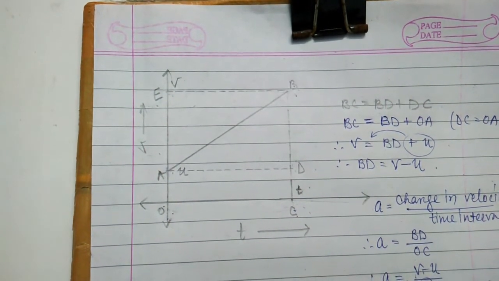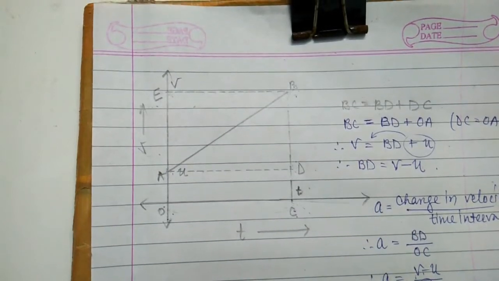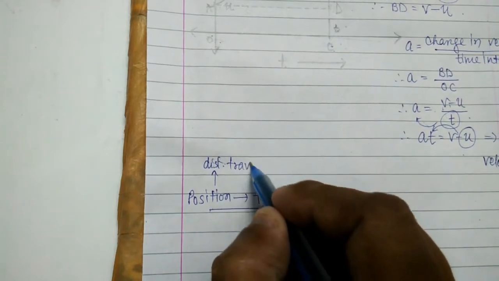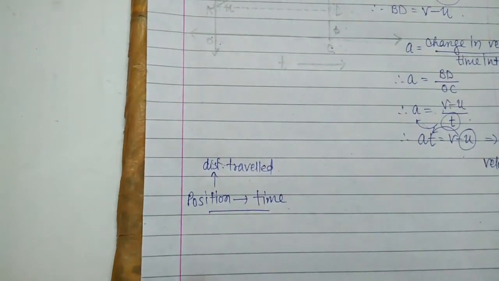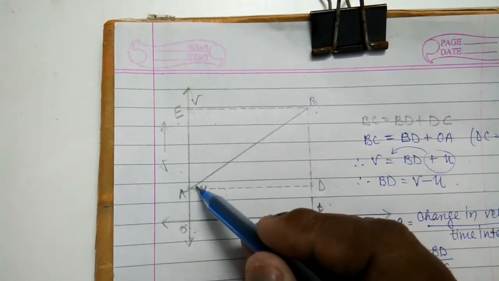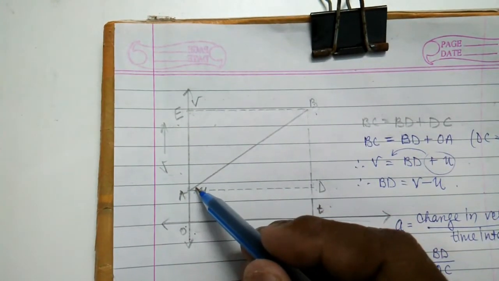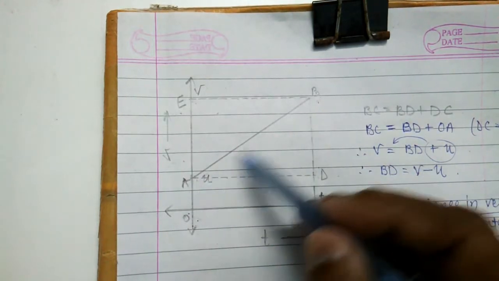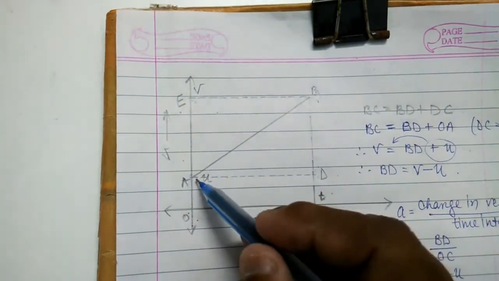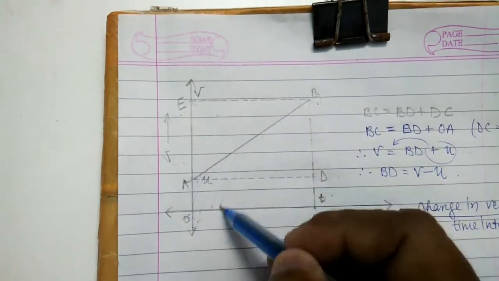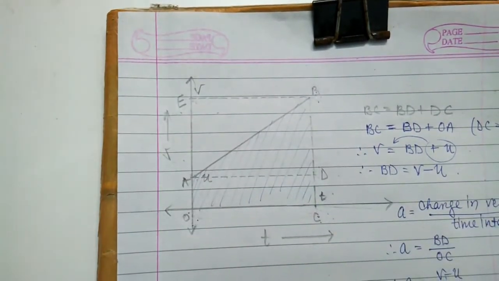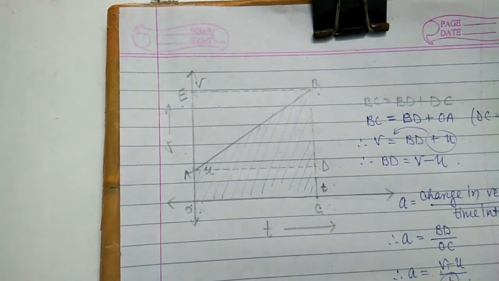Now position means distance traveled. The position means distance traveled, and distance traveled is the area enclosed within the graph AB and x-axis. So this is the area represented as the distance traveled by the object.